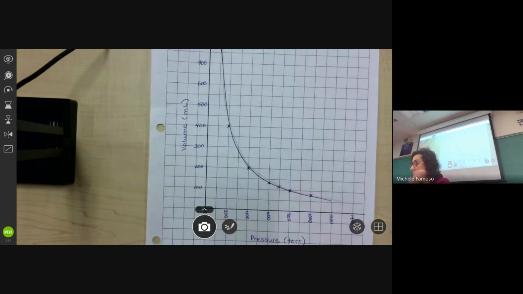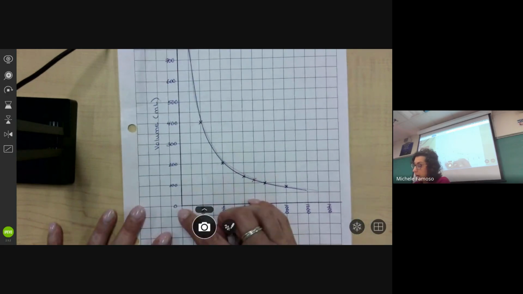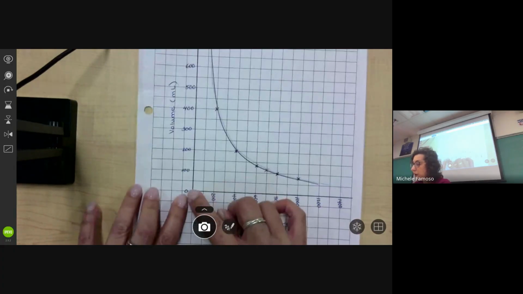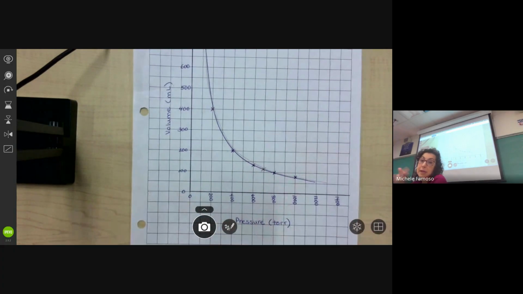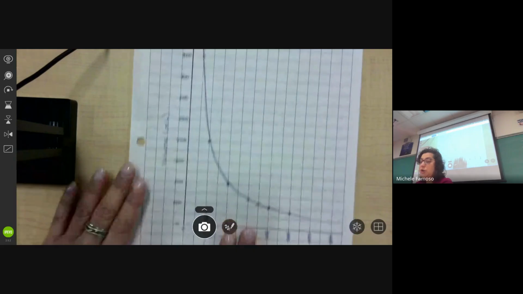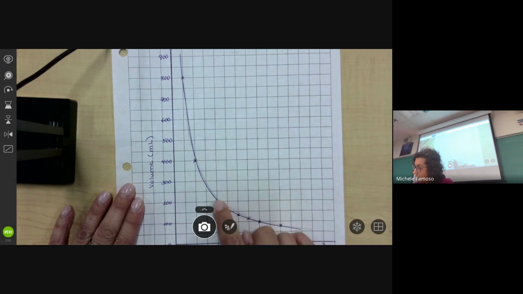On the vertical axis, again, I'm checking for the same incremental value. I went from 0 to 900, and every line was 100 mLs. That's what worked for the graph paper I had. Yours may be different. I have to check yours individually to see if that works. But then I am going to check that all your data points are placed in the correct locations. 1, 2, 3, 4, 5, 6, 7 of them.